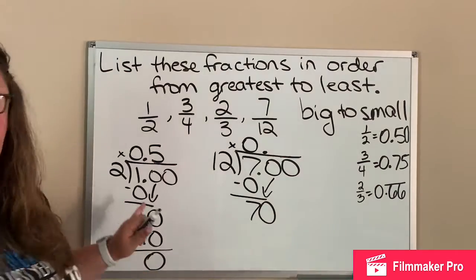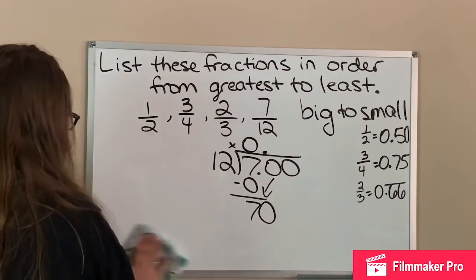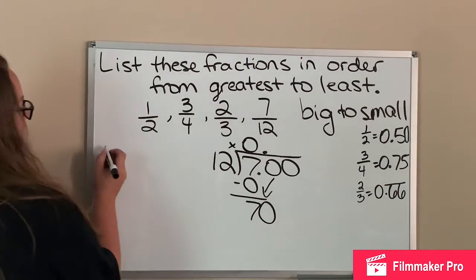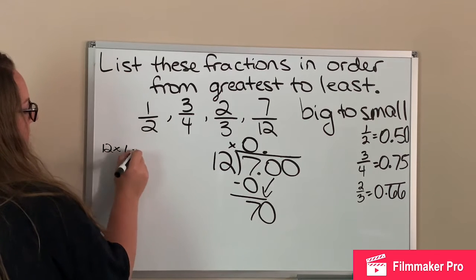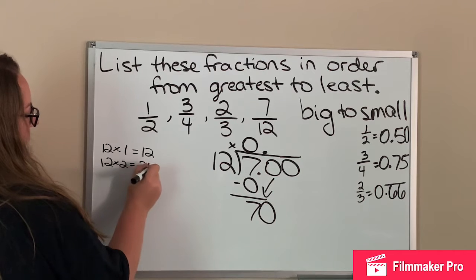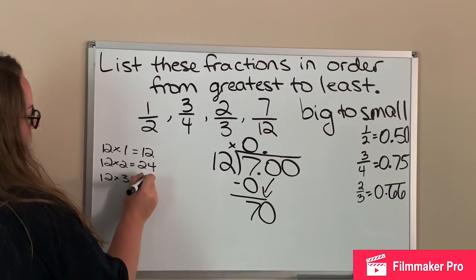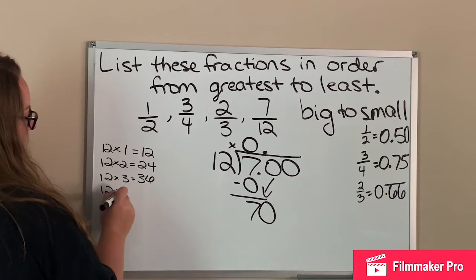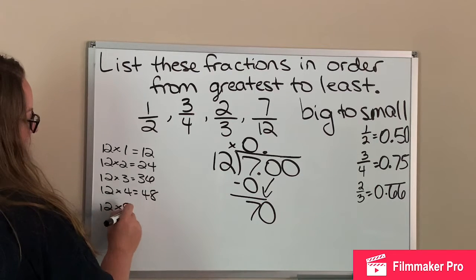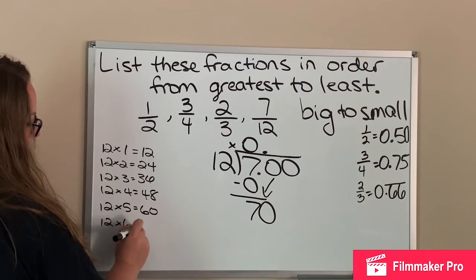So I'm going to come over here and write my multiplication facts for the number 12. All right, so I've got 12 times 1 is 12. 12 times 2, 24. 12 times 3, 36. 12 times 4, 48. 12 times 5, 60. 12 times 6, 72.